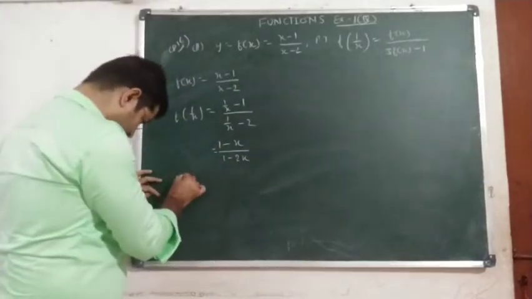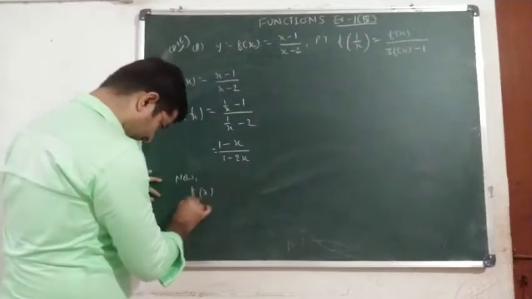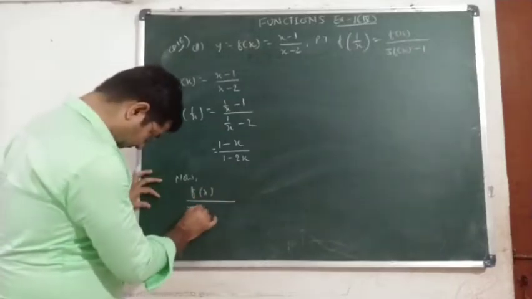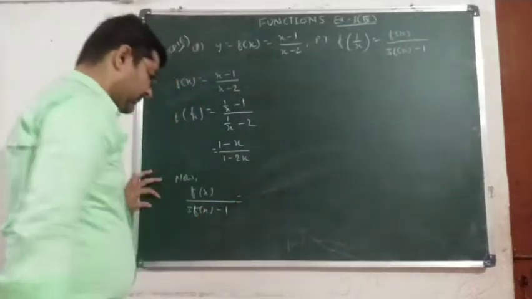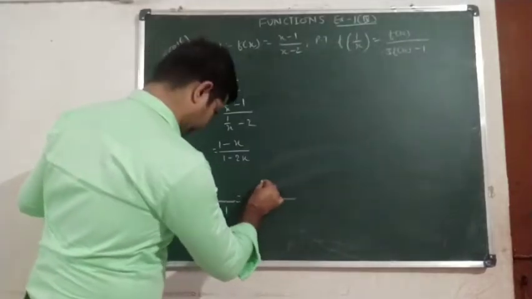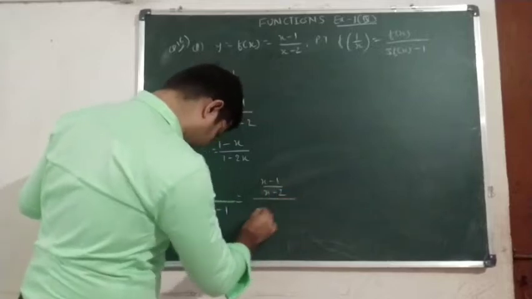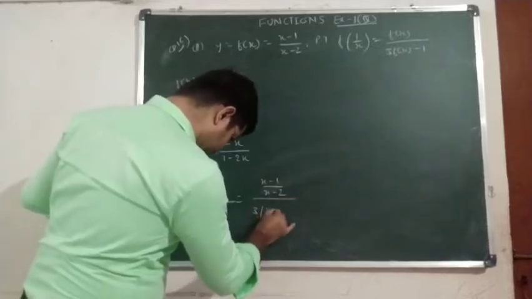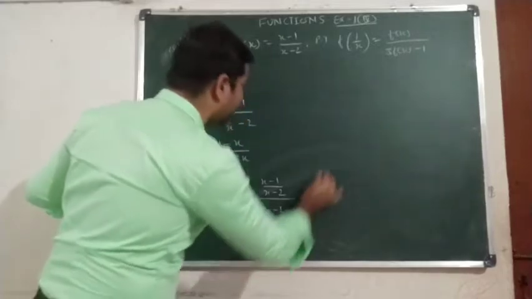Now let us find out f of x upon 3 into f of x minus 1, equal to f of x is x minus 1 upon x minus 2, 3 into x minus 1 upon x minus 2 minus 1.